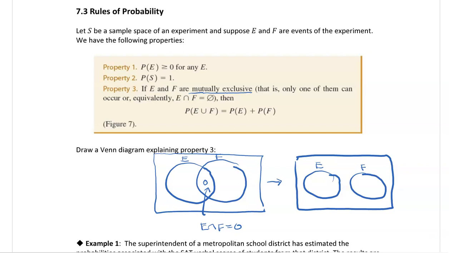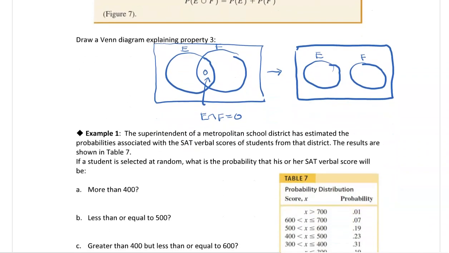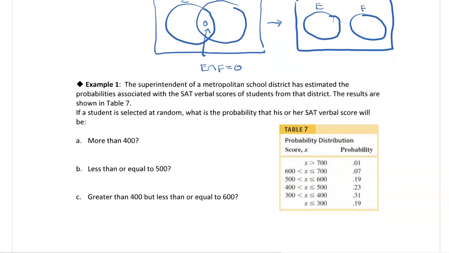Okay, so let's keep going. Now this example is very much like the examples we did in the last section. Just like we did before, we can add probabilities if the events are mutually exclusive. We're interested in the probability that the score X is greater than 400.